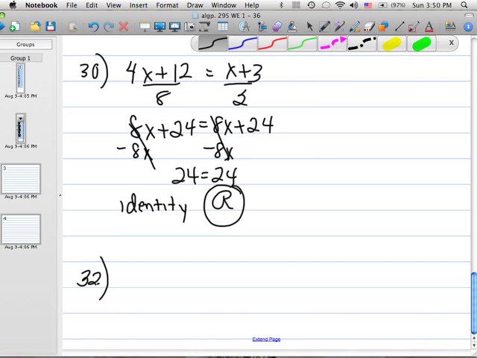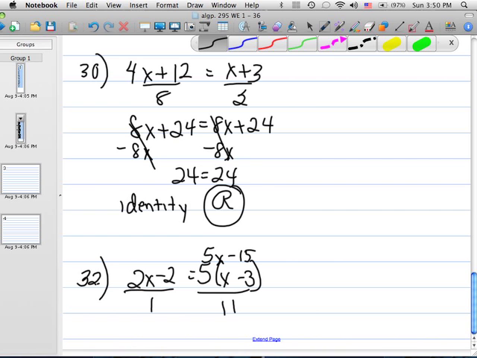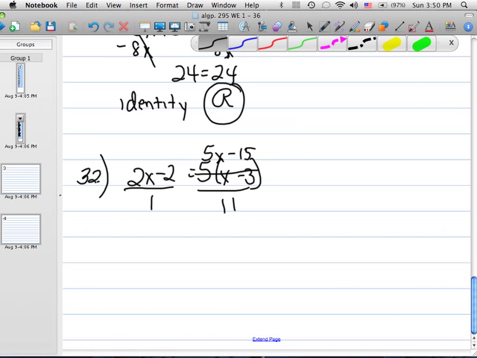32, 2x minus 2 over 1 equals 5 times the quantity x minus 3 over 11. Multiplying that out, we get 5x minus 15, so you need to do that. Cross products, 22x minus 22 equals 5x minus 15.